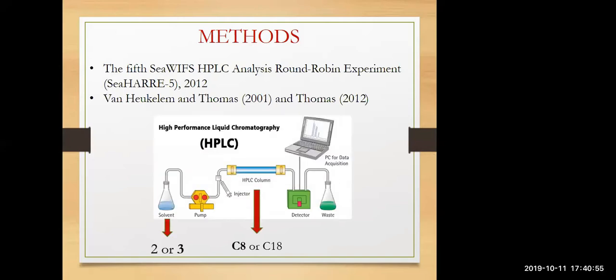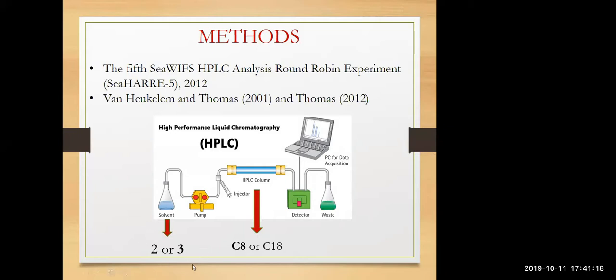Basically, one of the main differences among methods is the column used. It can be a C8 or C18. The difference is that some pigments are best separated by one or the other column.